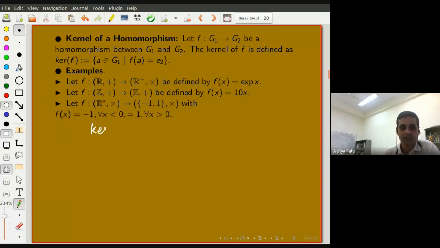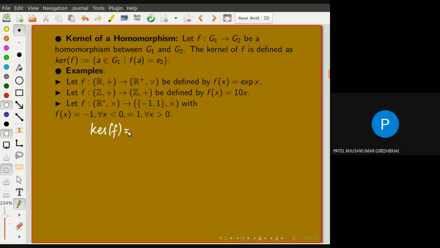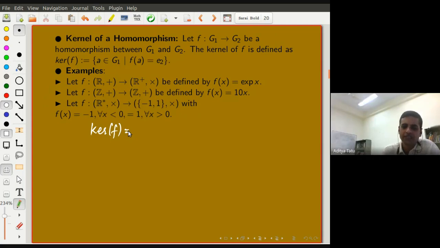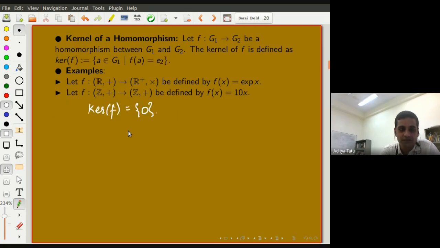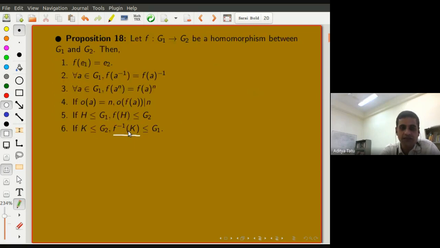In this case, what would be the kernel? Empty set. How will it be empty? It cannot be empty, right? That I hope we can see comes from this result. Kernel of f cannot be empty, right?